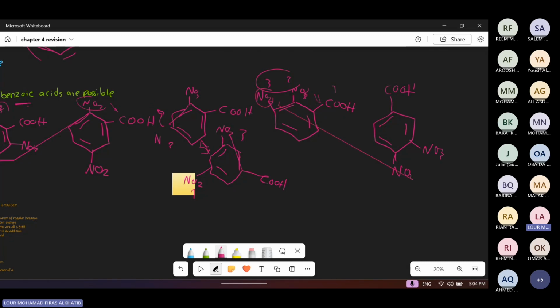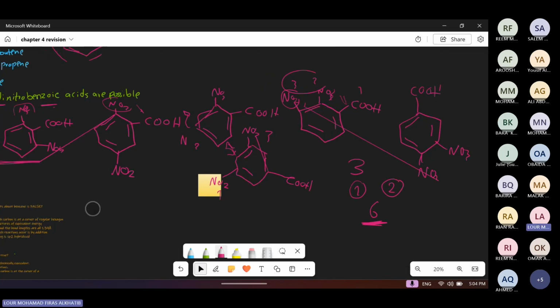The best command to make your life even easier if you get this question in the exam: anything with 3 substituents where one of them is different and the other 2 are the same will always have 6 possible structures.